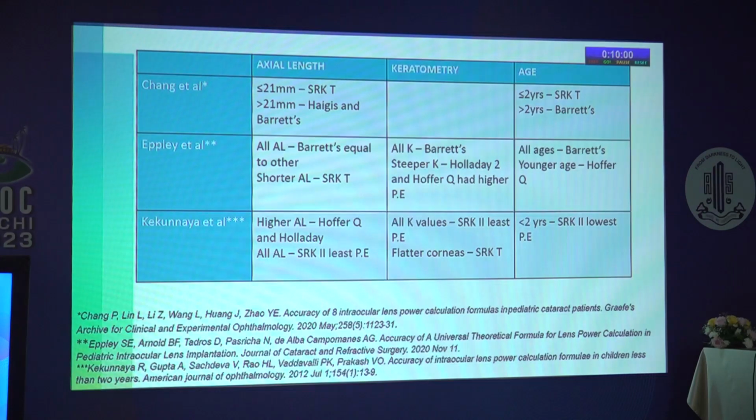Barrett's formula has also been studied well, and is used in very small eyes when the axial length is small. I think that is when all these have to be taken into consideration. But otherwise SRK2 or even Barrett's as in an adult can be used.